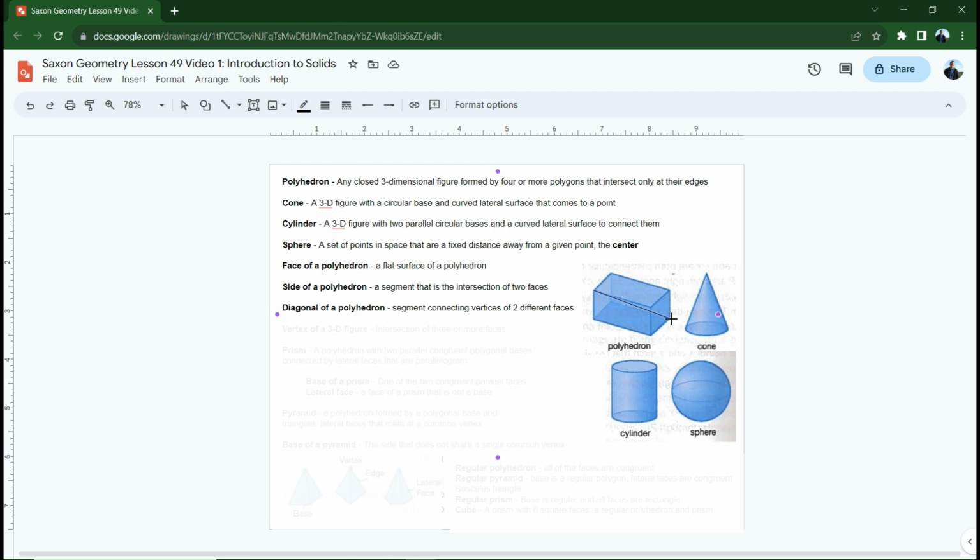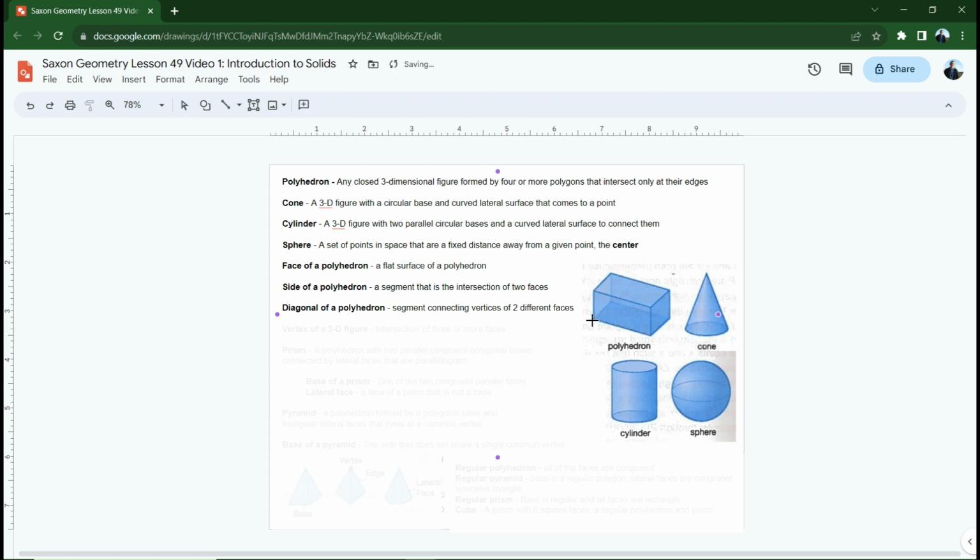Diagonals cannot connect vertices of the same face. So I couldn't say that from this vertex to this vertex would be a diagonal, because this line segment that I just drew is on one face of the polyhedron. It has to go from one face to a different face. The face cannot share the vertices of the diagonal. Otherwise, it's not a diagonal, it's a side.